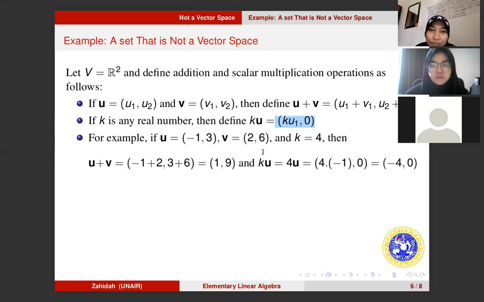Okay, let me ask you, if I want to determine minus 3v, so what is our vector here? Minus 3v equals?